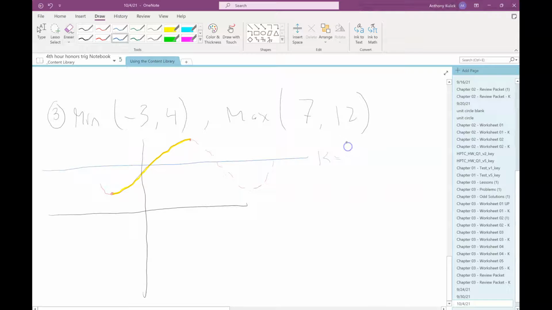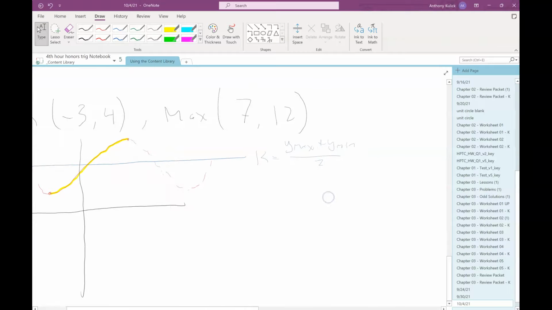So I'll just do y max plus y min divided by 2. So in this case, 12 plus 4 over 2. That's 8. Everybody's okay with that?